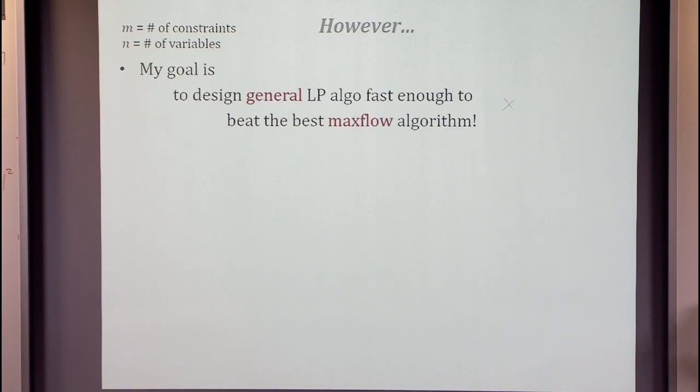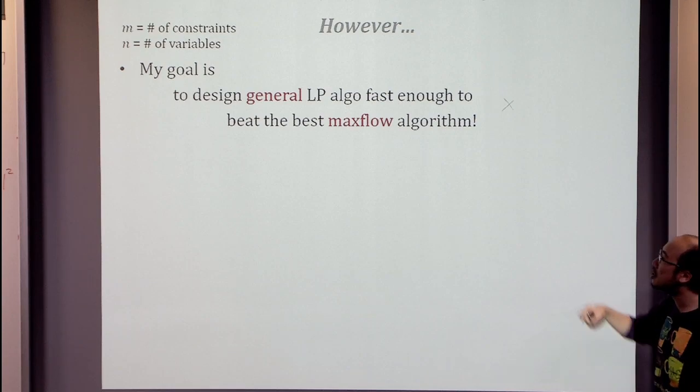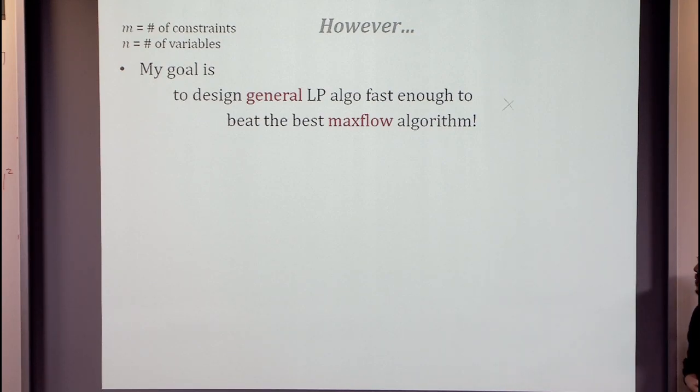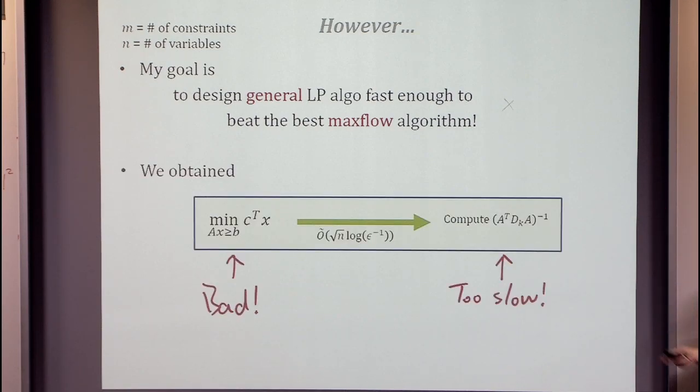Notice that in this talk, I didn't tell you exactly how to do every calculation. The main goal of our research is to find an LP solver fast enough to solve max flow, to make a better max flow algorithm. However, this approach has two problems now.